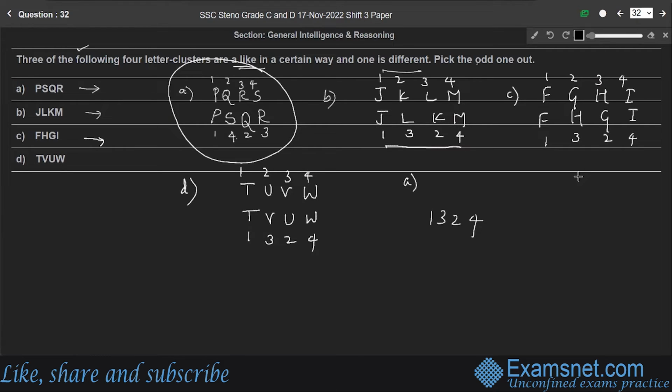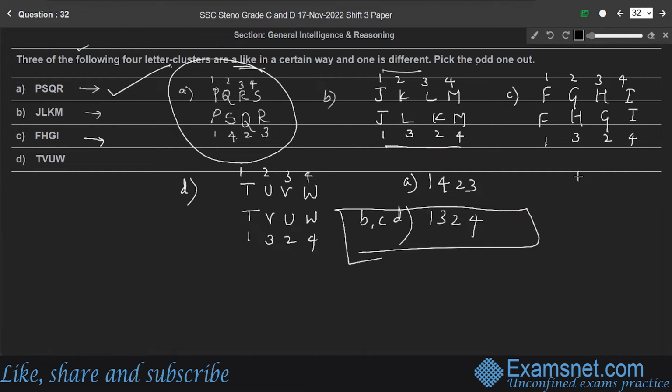In option A, the letters are written in the order of 1, 4, 2, 3. Therefore, option A is the odd one out. Option A is the right answer, where the letters are arranged in 1, 4, 2, 3 order, whereas in the remaining options, the letters are arranged in 1, 3, 2, 4 order. So option A is the odd one.